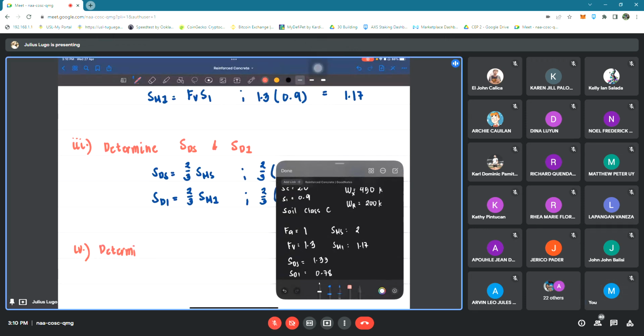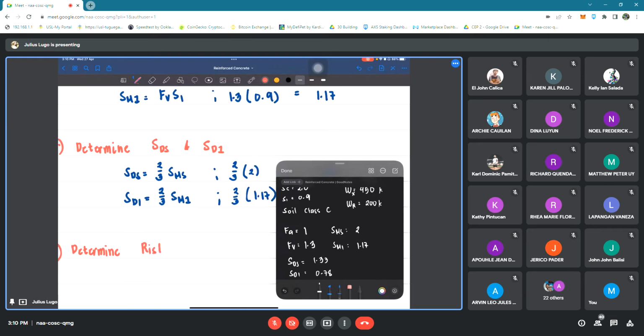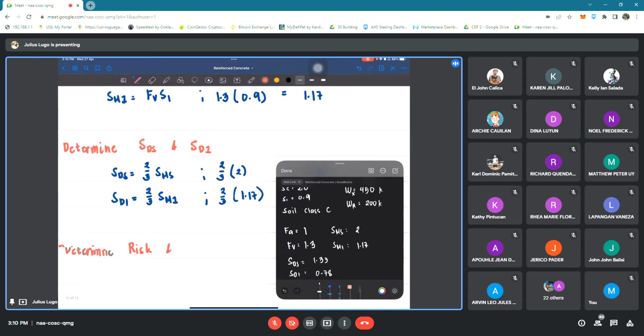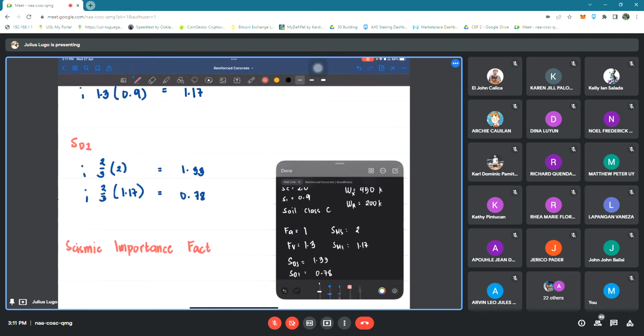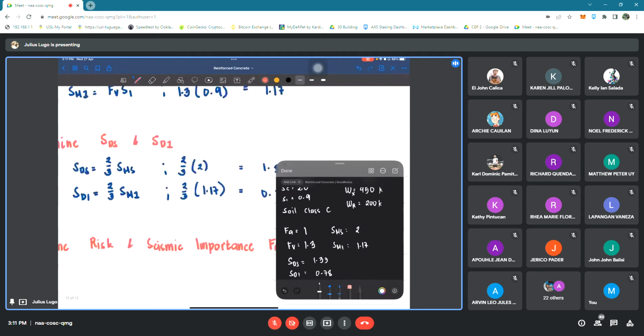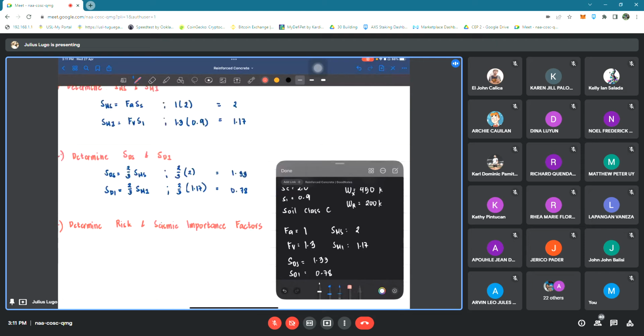So next is determine risk and seismic importance factors. Okay, so we have to determine the risk and seismic importance factors. Proceed to table D.2, guys, and please identify kung anong magiging risk category natin and kung ano ang magiging importance factor nito.